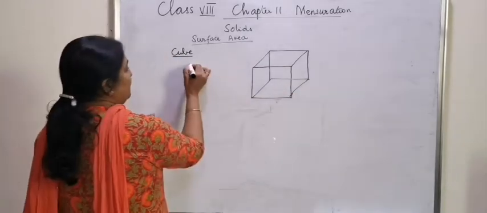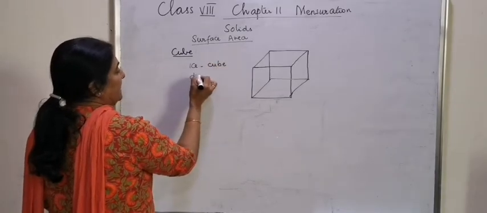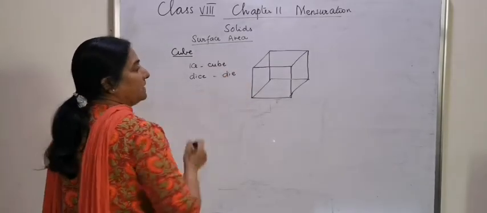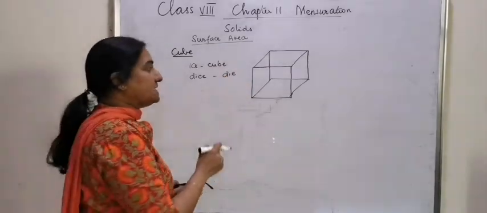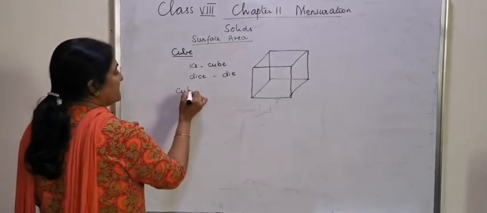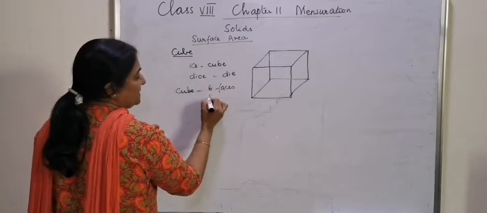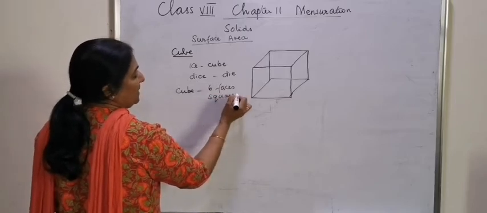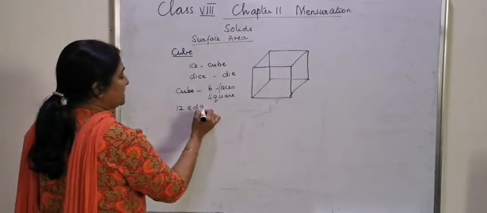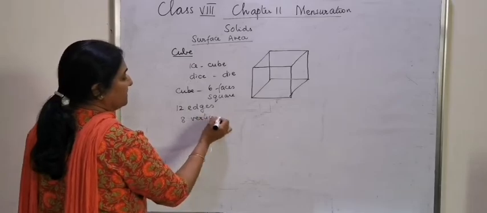Examples are an ice cube or the dice you are playing with, all these are examples of a cube. A cube also has 6 faces, all the faces are square shaped. There will be 12 edges and 8 vertices.